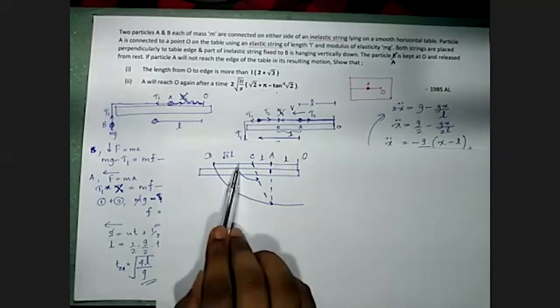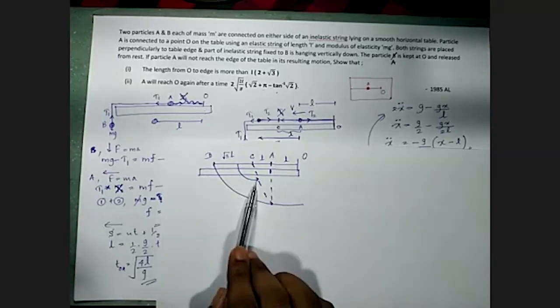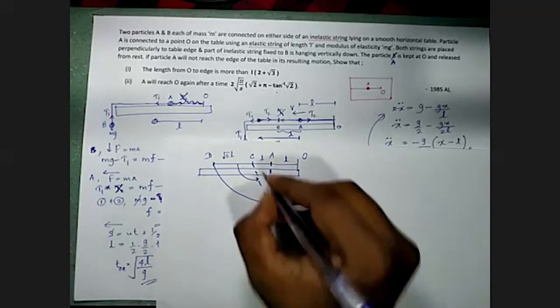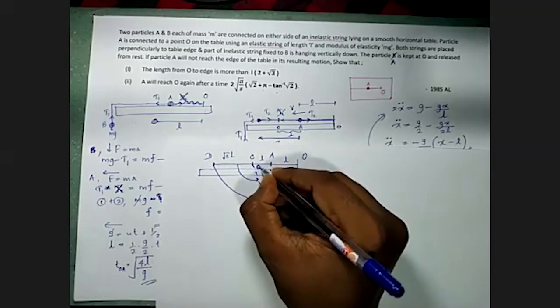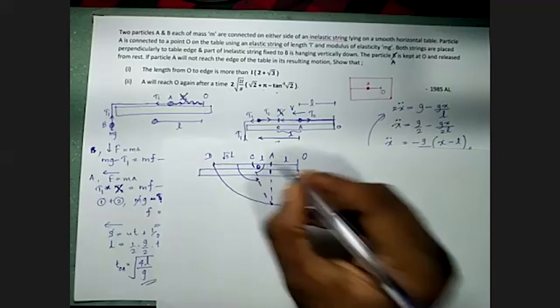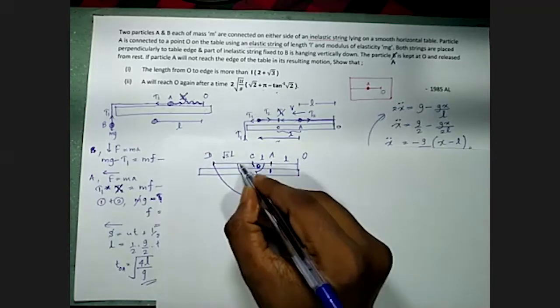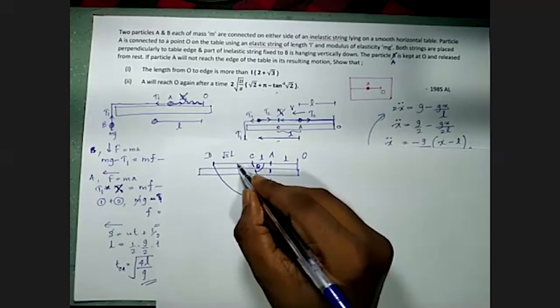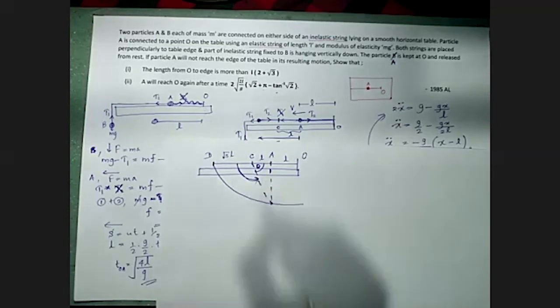Therefore, this angle to become pi minus tan inverse, I have to mark my theta here, isn't it? Think this total angle is 180. If I mark this small angle as theta, this covered angle becomes pi minus theta.